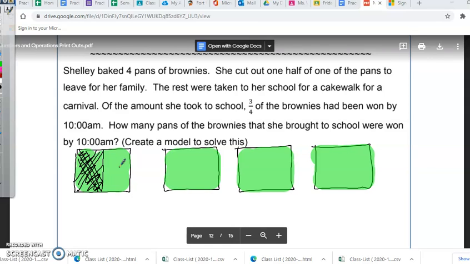Well, we know how much 3/4 is, but 3/4 of what we had? Three-fourths of the amount that we brought.